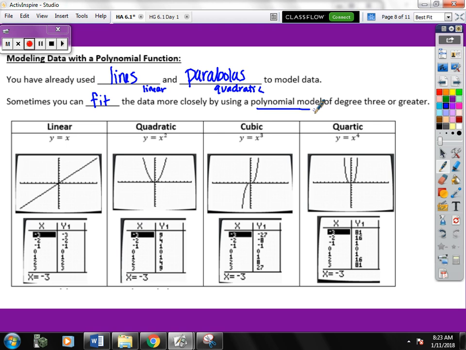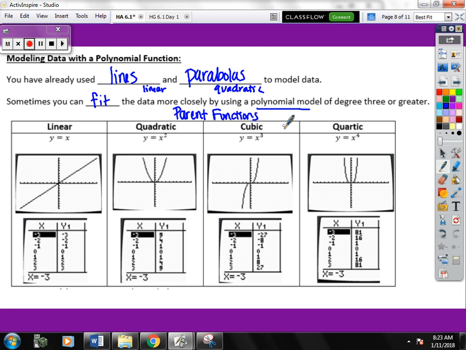So all I have right here is a picture of your graphing calculator. These are all of the parent functions. Remember, the parent function is before it's been stretched, shifted left or right, up or down, flipped, all that kind of stuff. This is the most basic version of it. So we see our linear, our quadratic. The cubic looks like this.